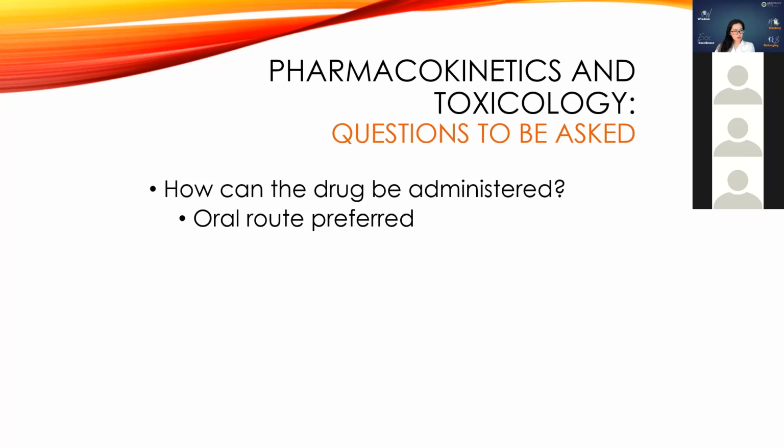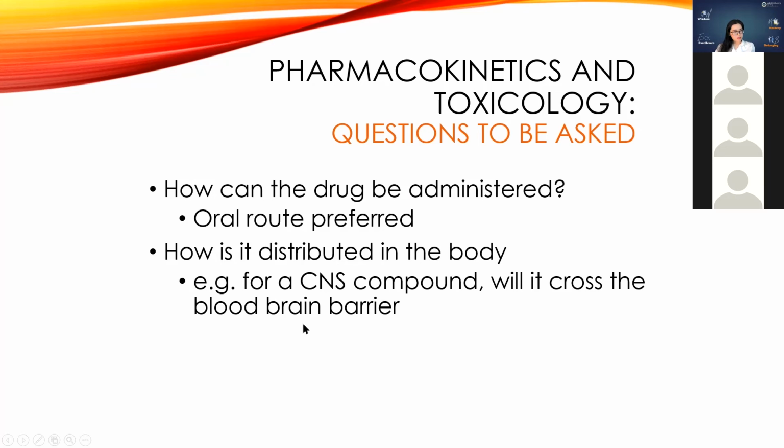But if it's 7 times a day, that would be impossible, right? So those need to be optimized and built into your drug molecule. And how is it distributed inside the body? If it is a central nervous system compound, a drug that treats depression or schizophrenia, it should be able to cross the blood-brain barrier.